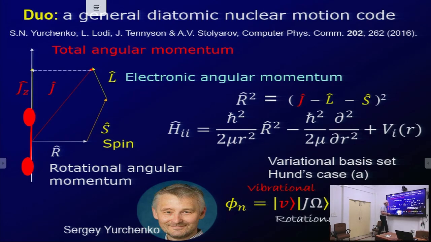So you have to consider all the sources of angular momentum, the final one, the L coupling, the S coupling, and the rotations. Sorry. So you end up having, actually it's a relatively simple Hamiltonian to write down, but the matrix elements are really quite complicated. And we use a basis function, which is a vibrational basis function, the rotational basis function, a spin basis function.